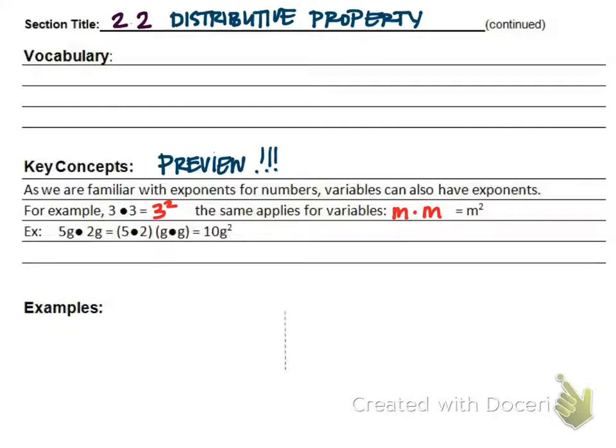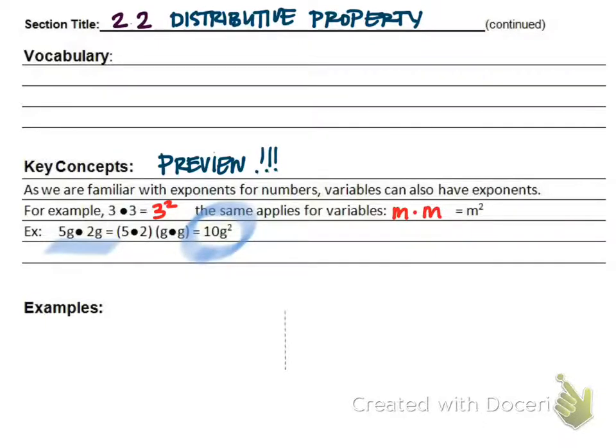So if we have 2 terms multiplied together, so 5g times 2g, I can essentially regroup this based on my multiplication commutative property and say that 5 times 2 and g times g is the same thing. So then I will end up with an answer of 10g squared.